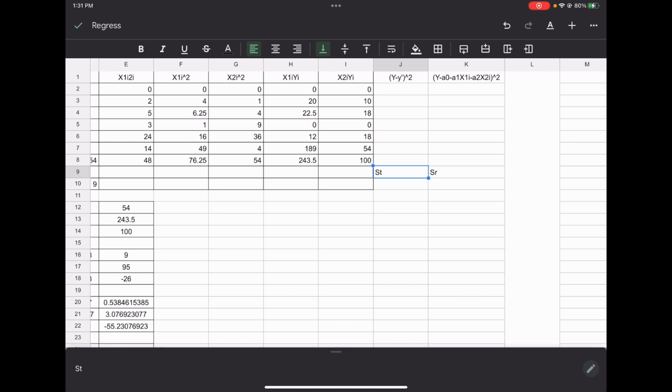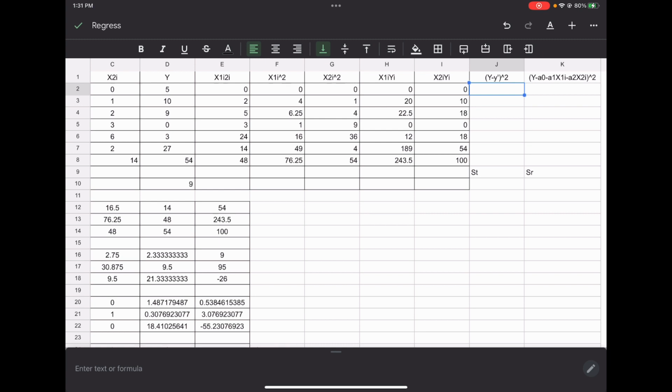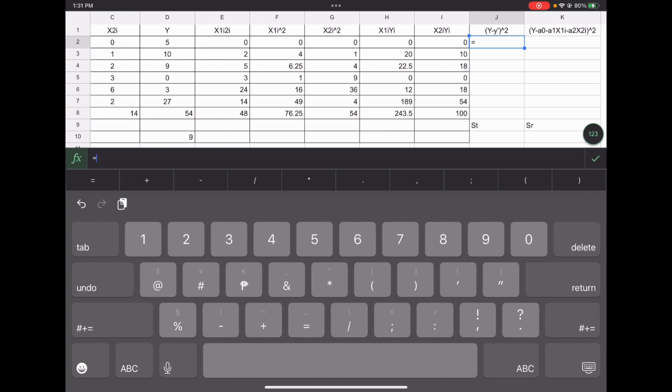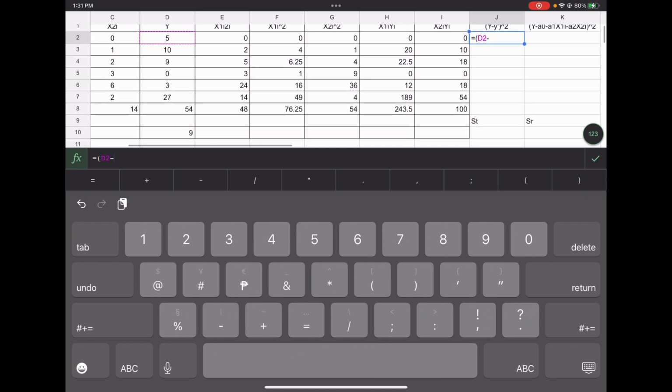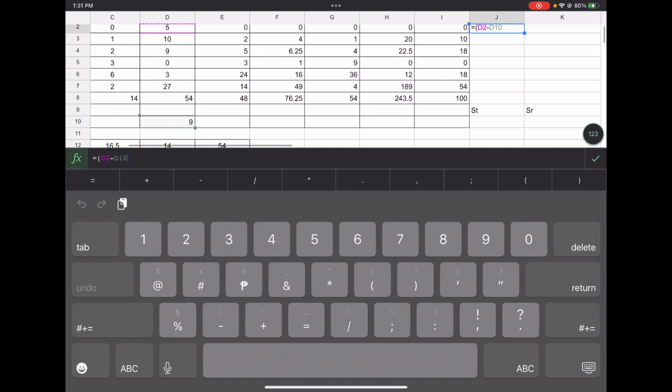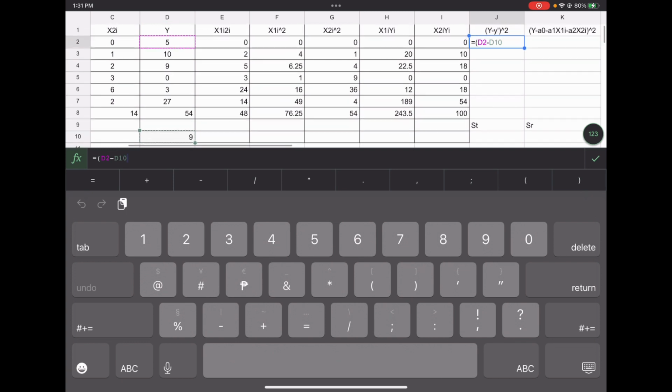So we can find y minus y bar. Our y is 5, and we need to square it. So that would be this one, and then minus our mean. We computed the mean, which is the 9, the mean for y. But then we need to fix it so that it won't change. That is why I'm going to add a dollar sign there.